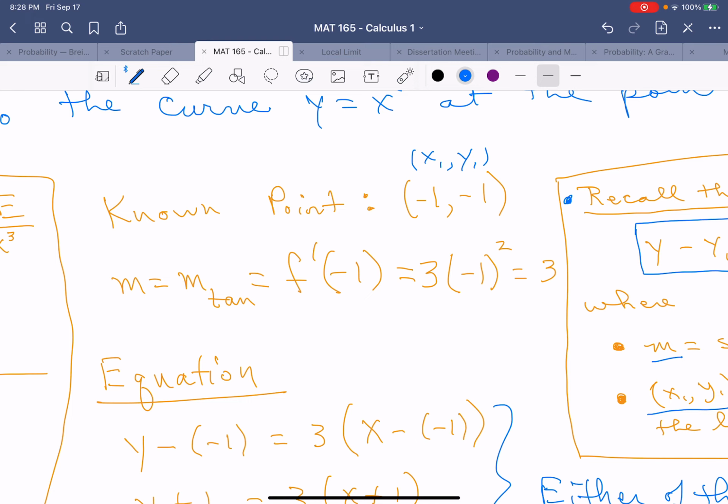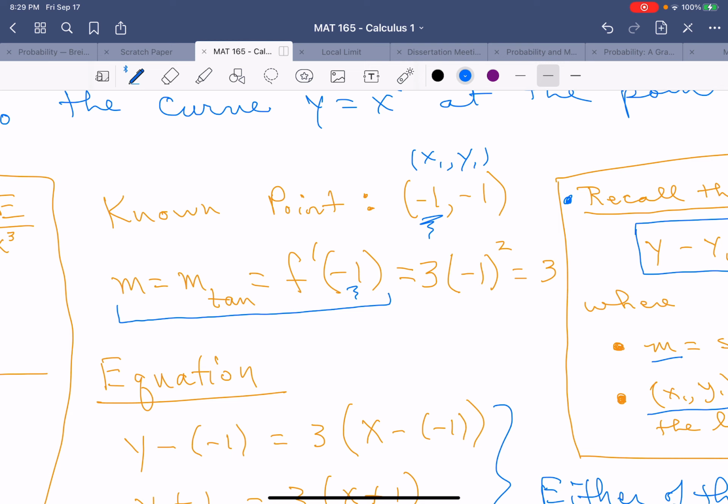If you need to know the slope of the tangent line, think derivative, first derivative, because that's what tells us that. But you have to evaluate the first derivative at your x value. So our m, the slope of the tangent, we're going to get by evaluating the first derivative, our f prime, at -1.